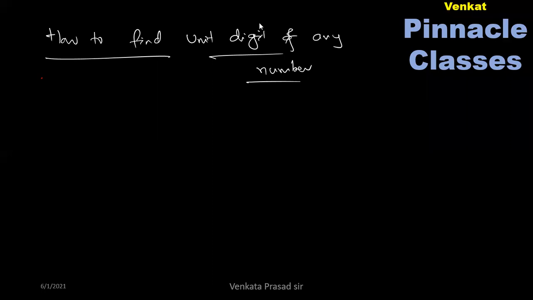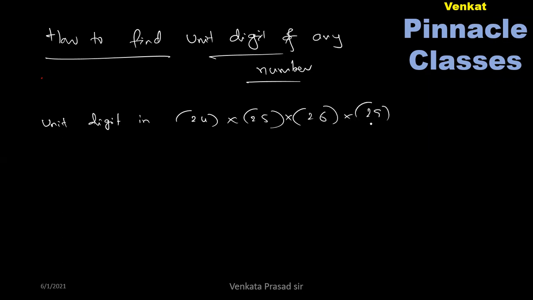Good. Now, see, first we discuss from zero level to high level. Tell me, what is the unit digit in 24 into 25 into 26 into 29? In this case, you have to focus on the unit digit.